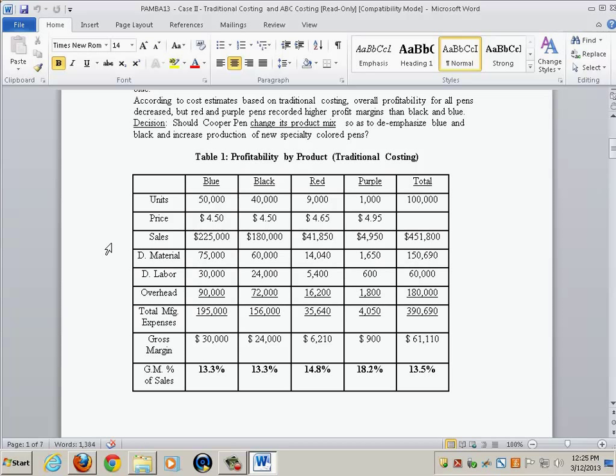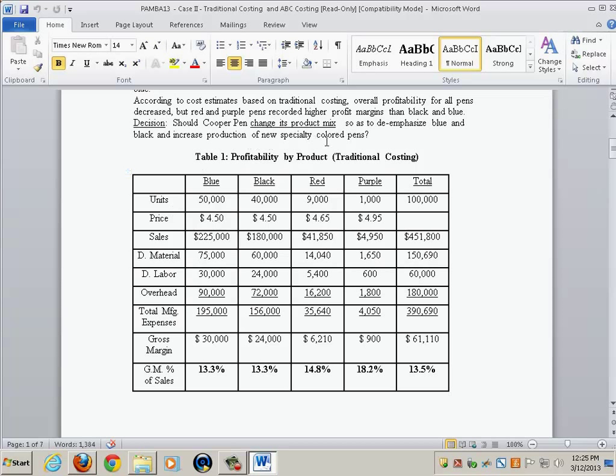Now, to do that, we invoke a simple case of a low-tech company, Cooper's Pens. Cooper produces pens, literally, and according to the columns here, you see they produce 4 types of pens.